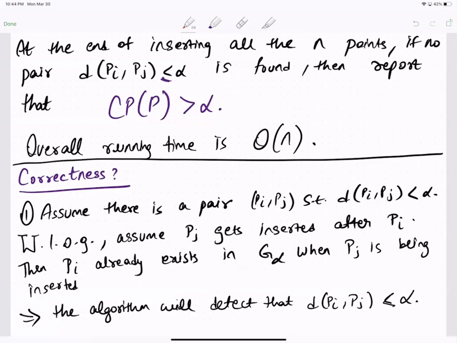Yeah, let's say Pi Pj is the closest pair. So then this algorithm will actually detect it because, as I said, Pj comes later. So then you'll actually make a comparison between Pj and Pi, and you'll actually observe that there's a pair whose distance is less than alpha.